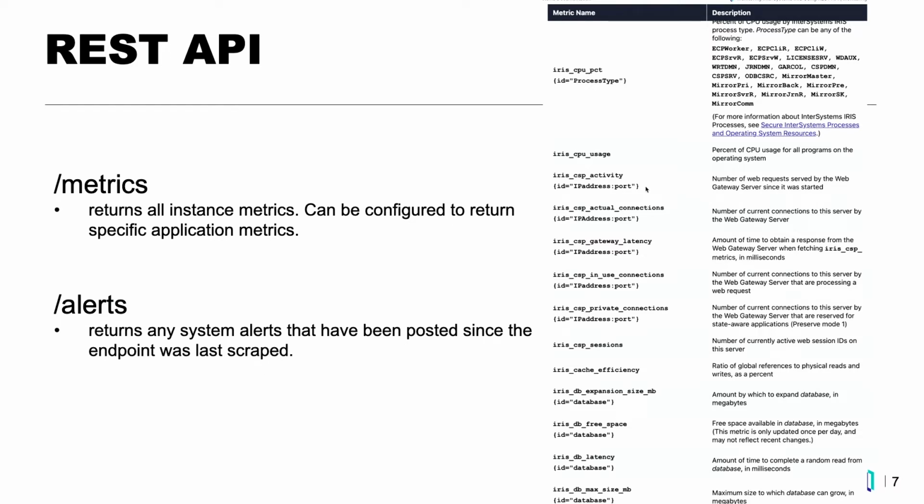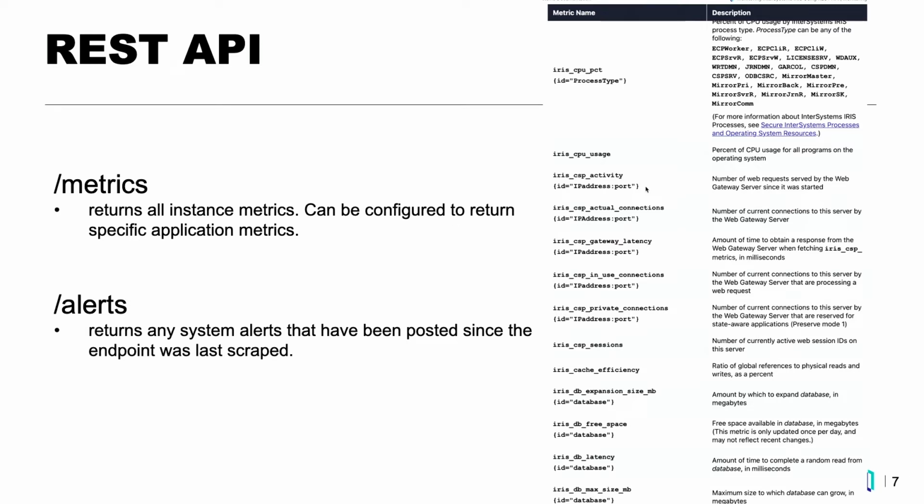It also has an alerts endpoint, and what they're used for is the SAM tool. SAM is System Alerting and Monitoring. It's actually InterSystems, and we're doing this a little bit with other things as well. It's a couple of open source tools.